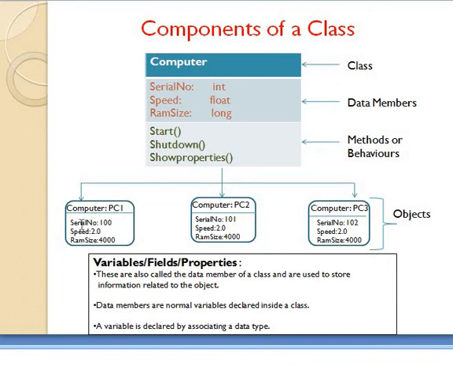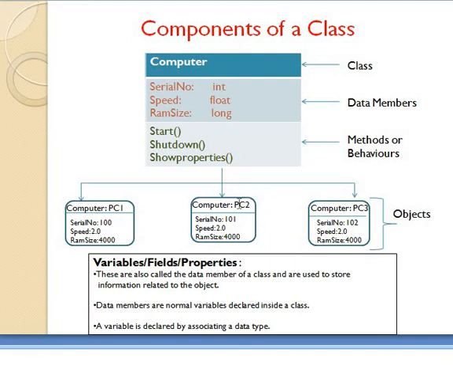The information is in the form of three parts, that is serial number, speed, and RAM size. For the object with identity PC1, the given information is serial number 100, speed 2.0, and RAM size 4000.